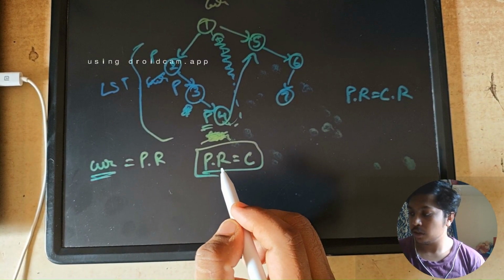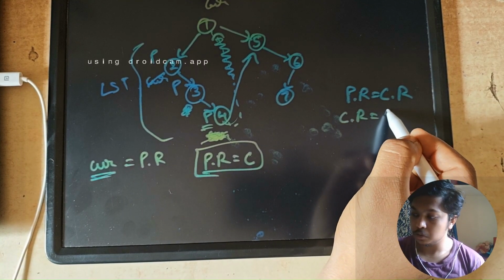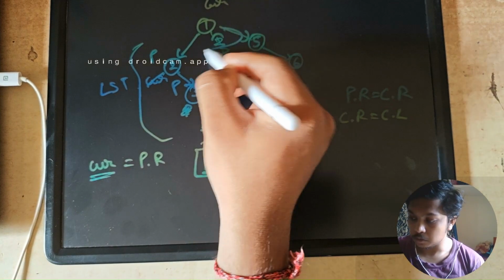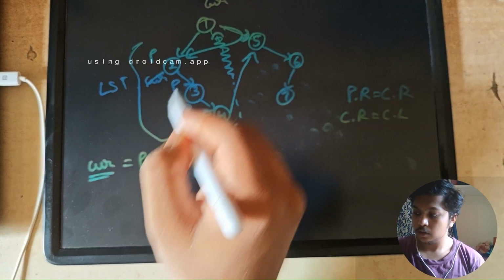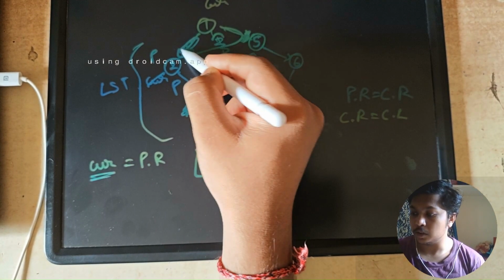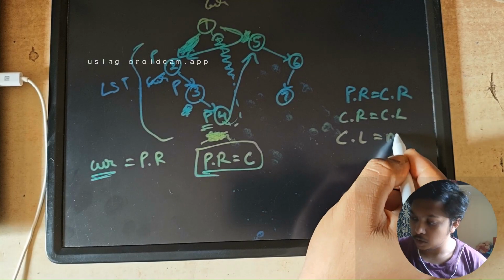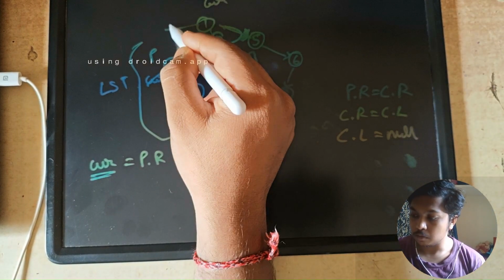And then I would create current dot right is equal to current dot left. So this one by intuition. Now this linkage would be removed. Then after I will try to remove this one, so current dot left is equal to null. So this would be null.